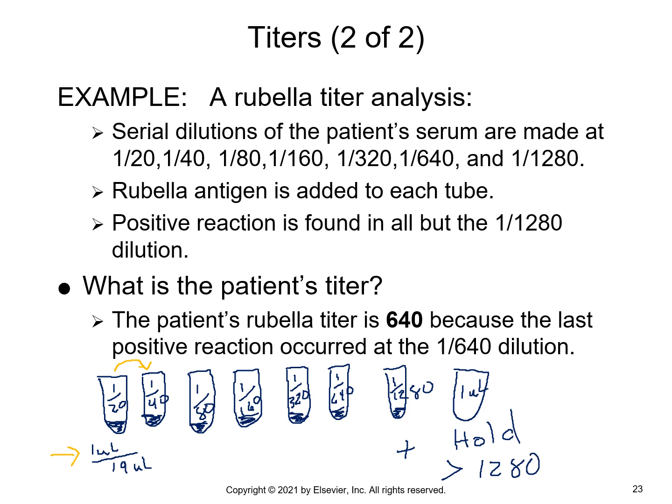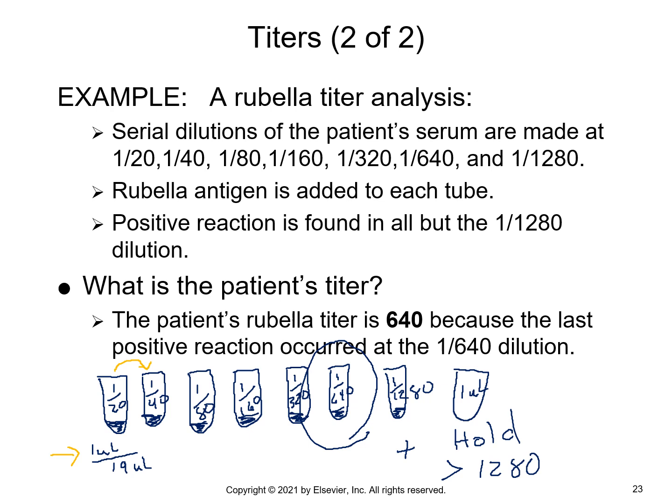1,280 titer. However, let's just say, for example, you've made your titers for each of these, and you mix it with the antigen and you get reaction, but the last tube that you actually get a reaction in would be this 1 in 640. This is the last tube here that we actually get a positive reaction in.